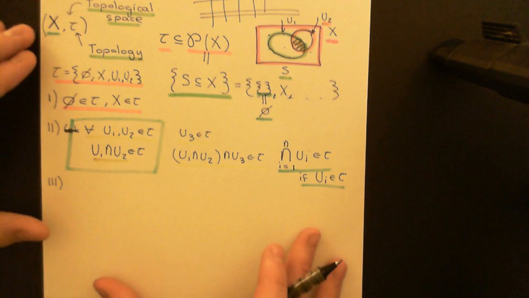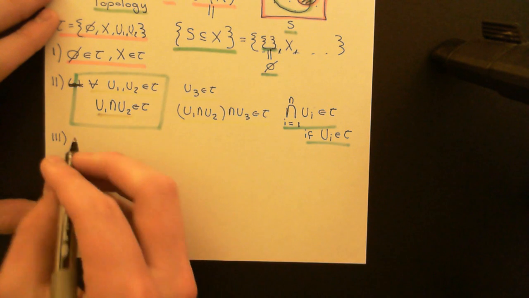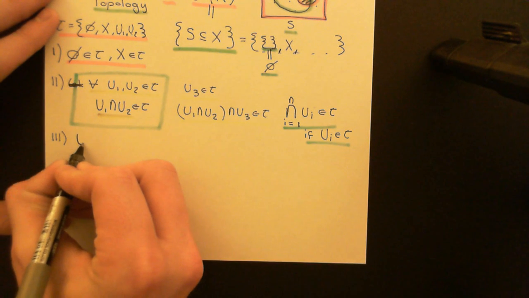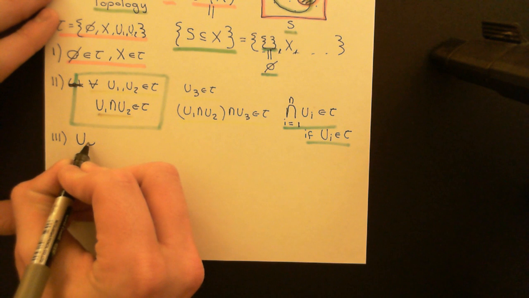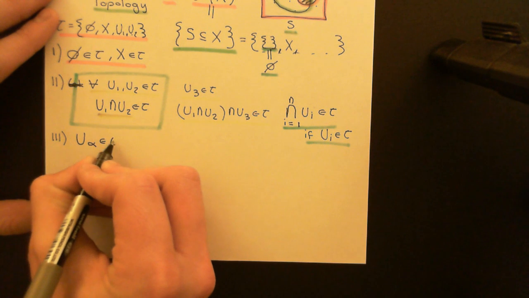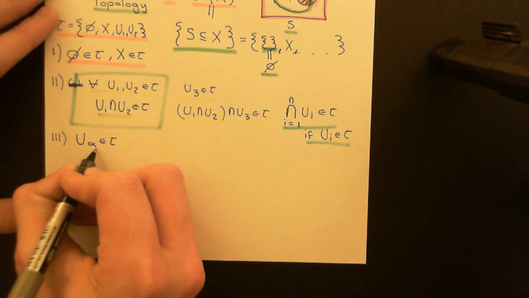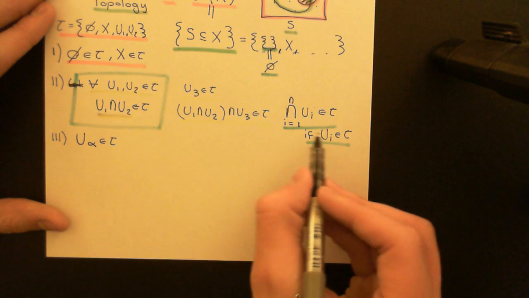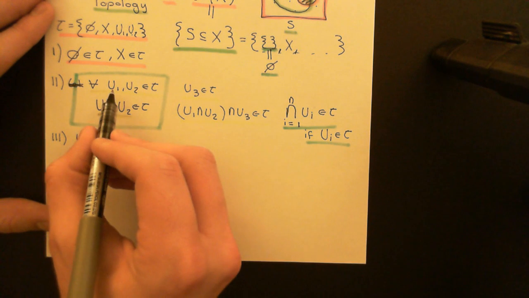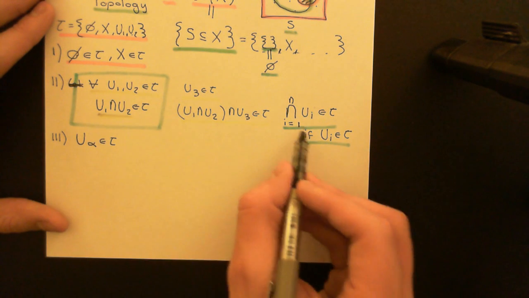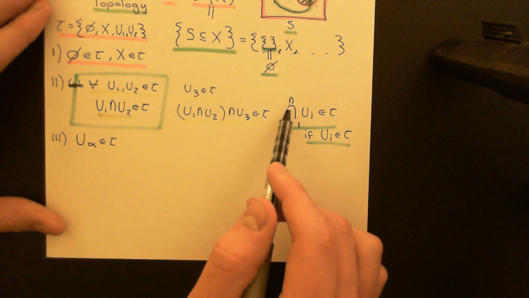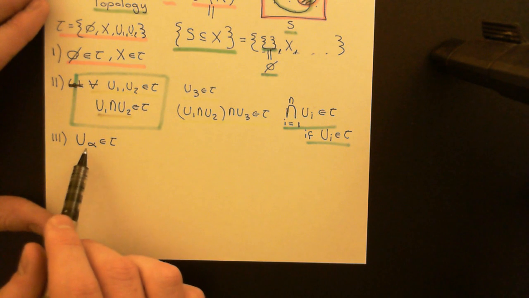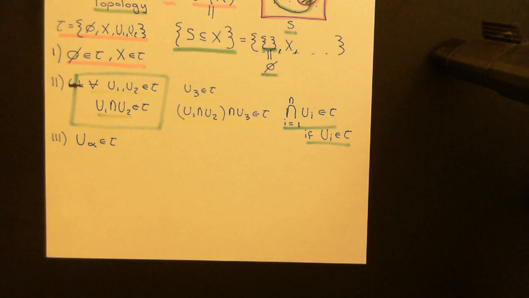Okay, so let me write this out explicitly. We are going to have a whole bunch of sets from our topology, so u alpha, where alpha is some index, just like I had u1, u2, u3, u4, all the way up to un. Alpha here is just a way of labelling these subsets that are in my topology.